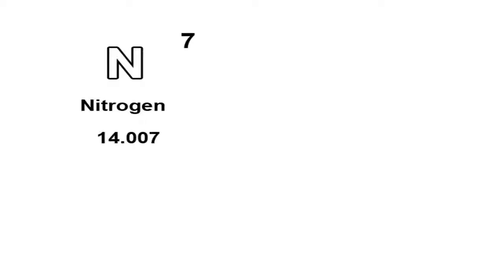Let's go through another example, because you're going to need to be able to do this. So we've got nitrogen this time. We've got 7 at the top and 14 down the bottom. The small number is 7, and if you remember, that is our proton number. So we've got 7 protons in a nitrogen atom. Now, do you remember what that bottom number means, the larger one of the 2?